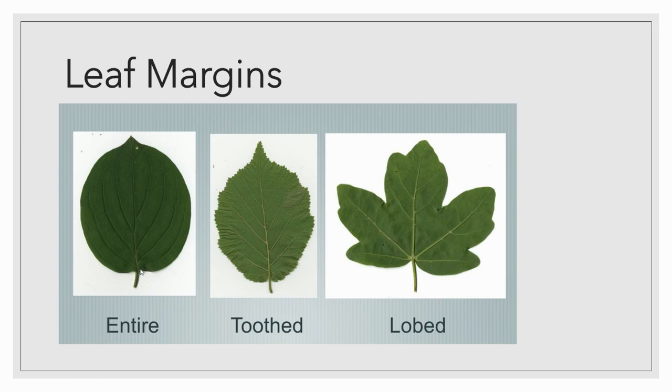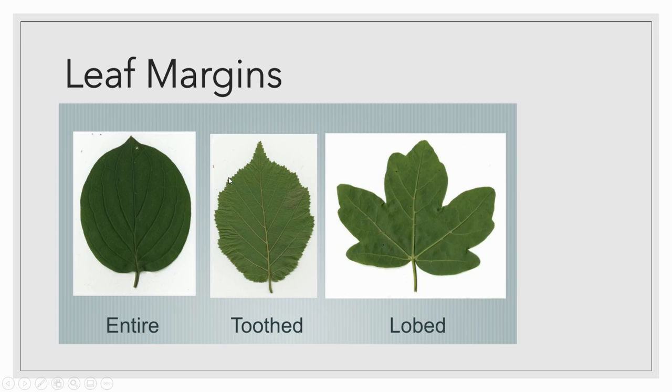So that's one, that's pretty obvious. Then we have a tooth margin. And if you can imagine how that would feel with your finger, you can imagine it might be a little rough or maybe pokey if you were to run your finger along that edge, almost like a knife or a saw blade. It would have individual teeth, right? Think of like a shark, right? Pokey, pointy.